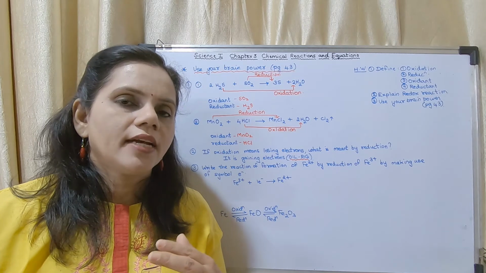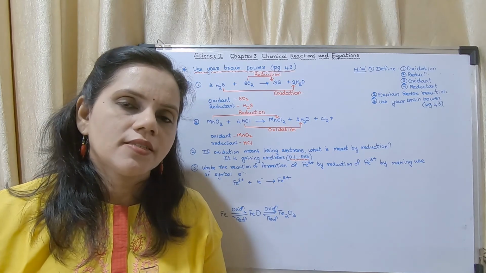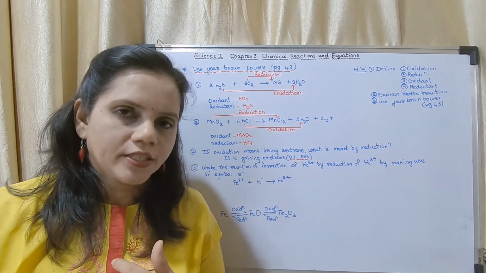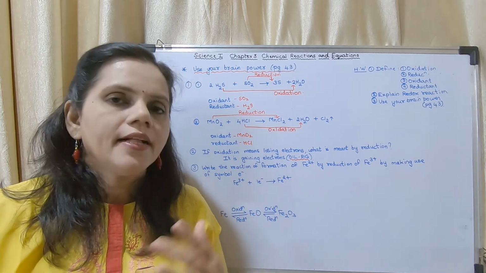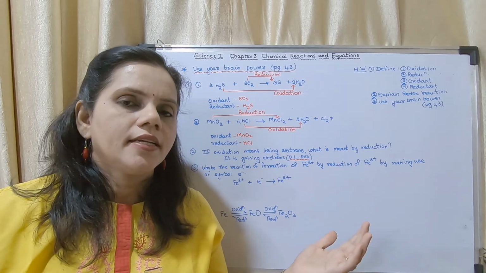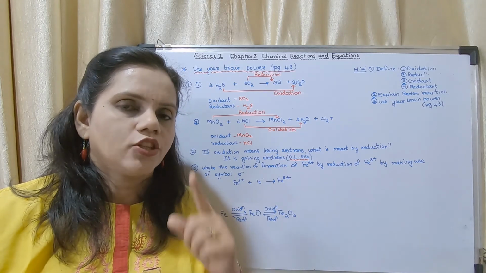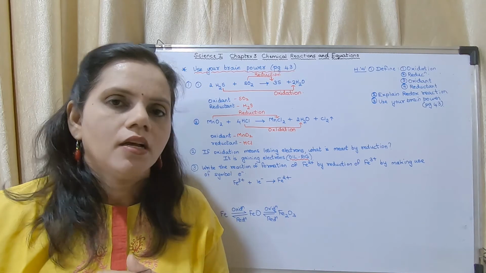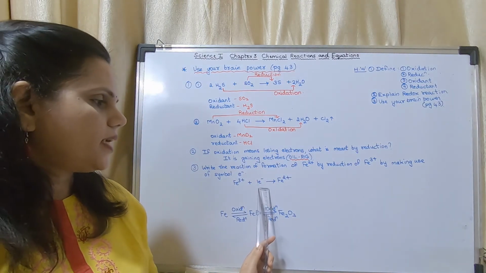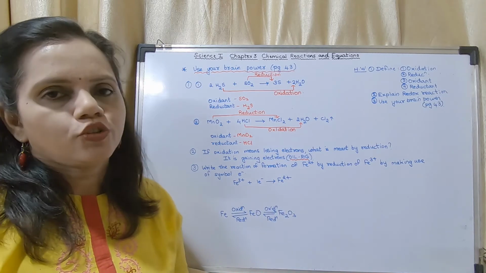So if it has to get converted from 3 electrons less to 2 electrons less, it has to gain 1 electron. So the equation is Fe3+ plus 1 electron gives Fe2+.